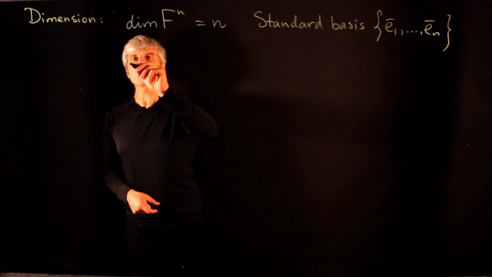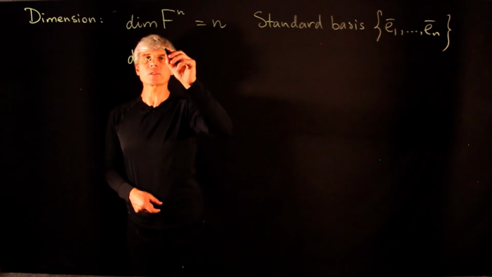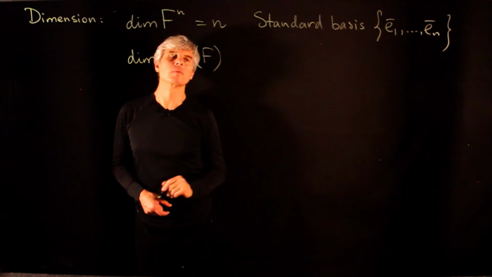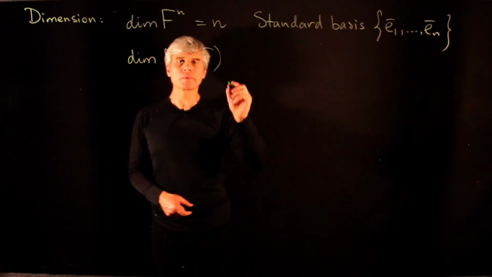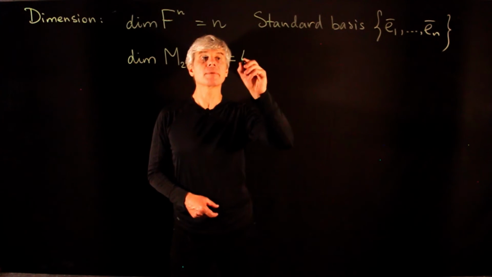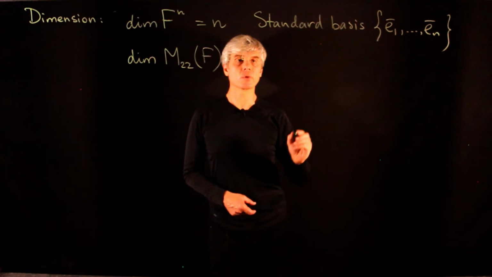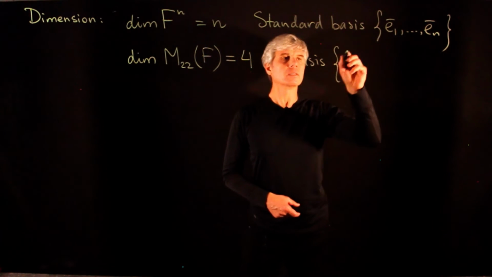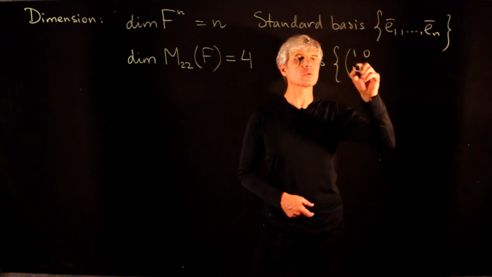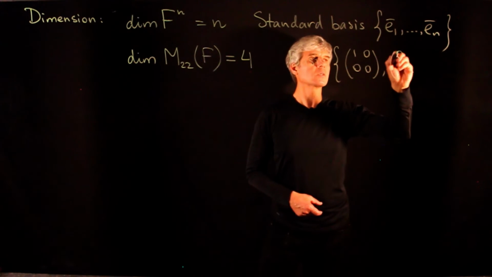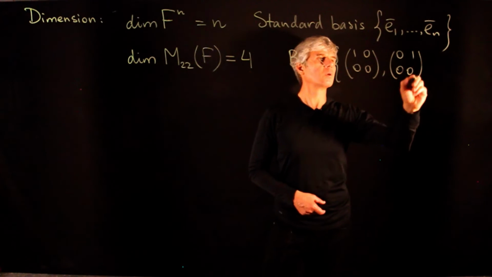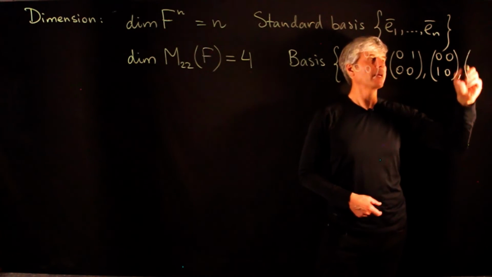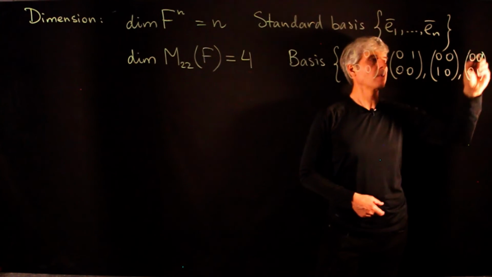Now, if we take the space of 2 by 2 matrices, what we can say is that this space has dimension 4, right? Because we had a basis in this space that we wrote down: 1, 0, 0, 0; 0, 1, 0, 0; 0, 0, 1, 0; and 0, 0, 0, 1.